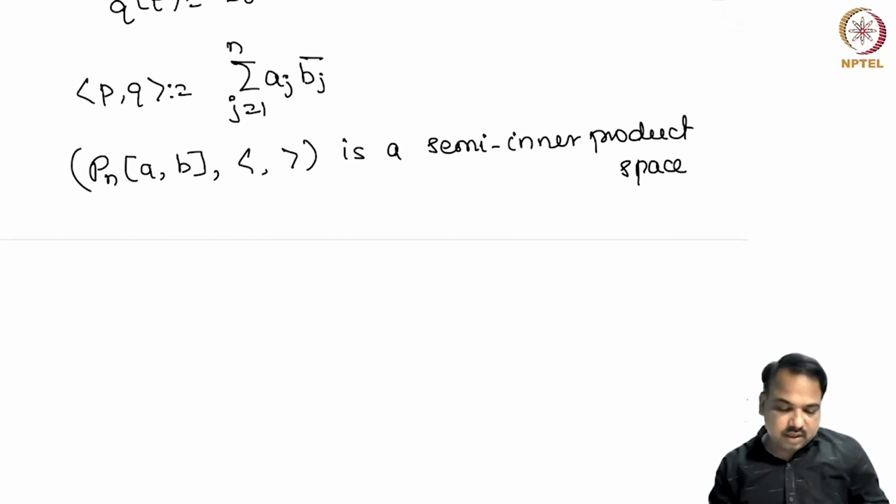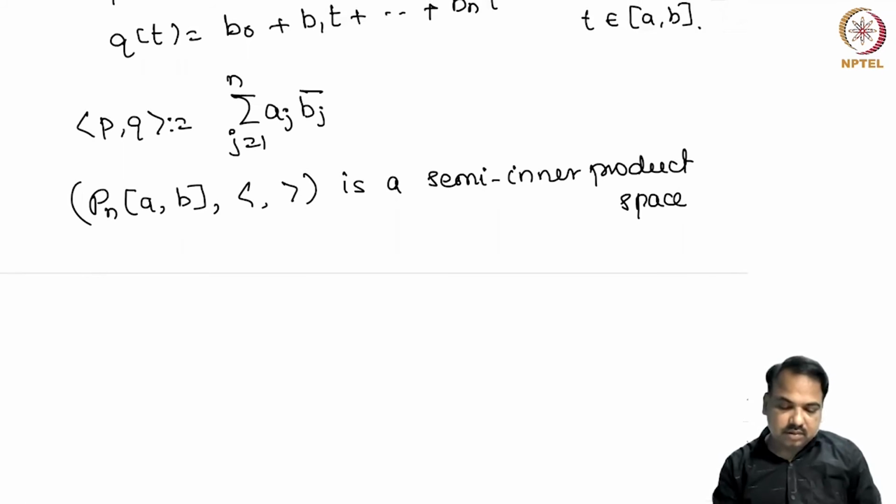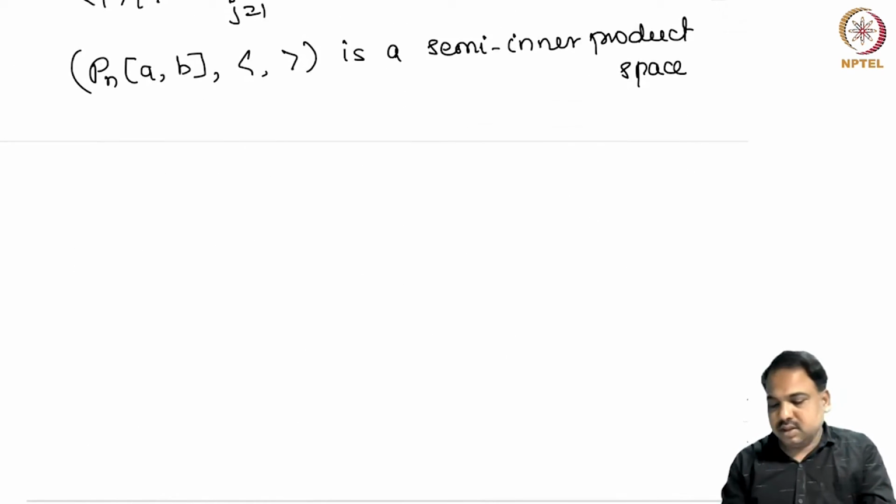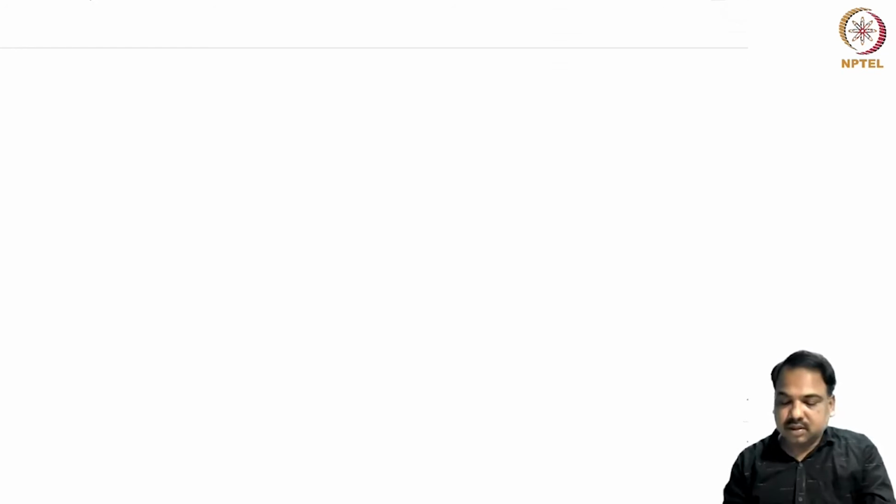So here also, if you take P of t equal to Q of t equal to the constant function 1, then the semi-inner product will be 0, but the function is non-zero. So these are three examples of semi-inner product spaces.